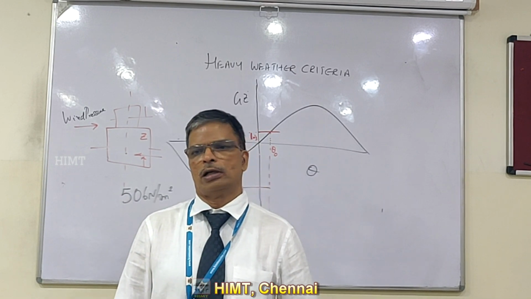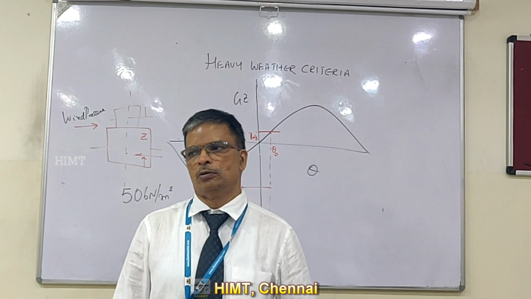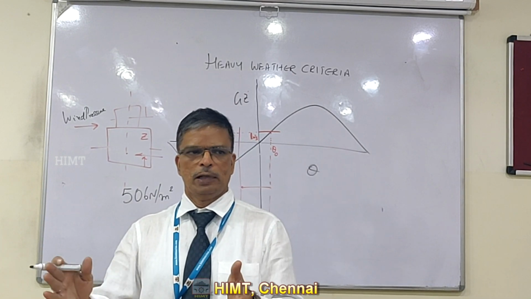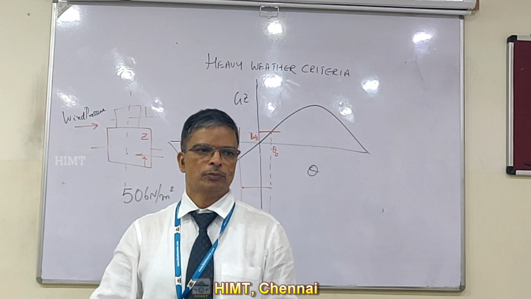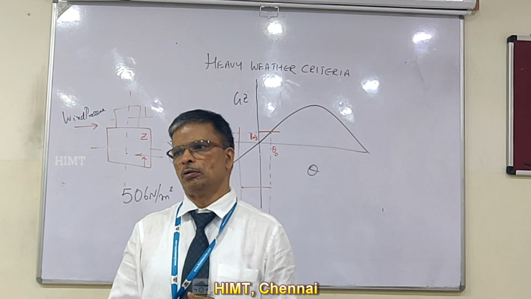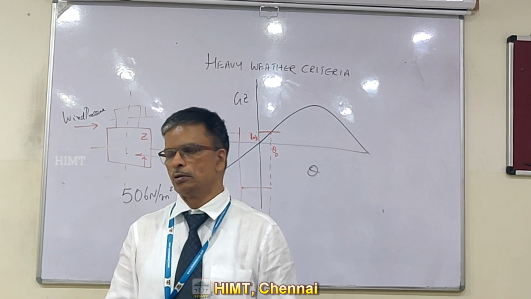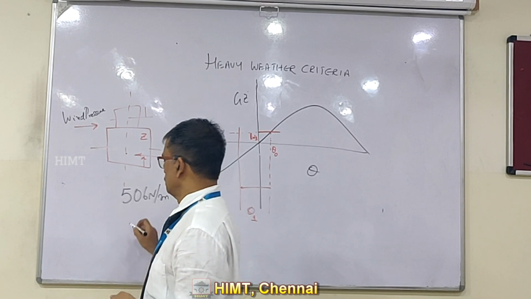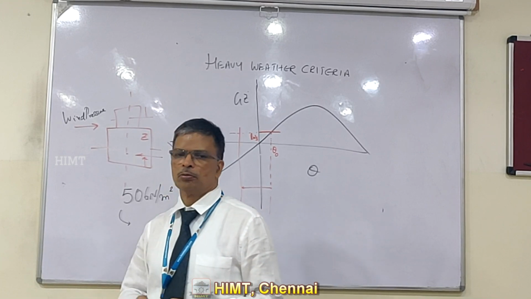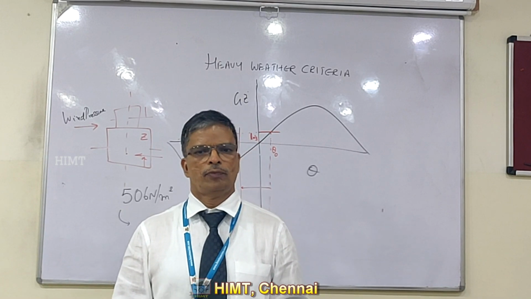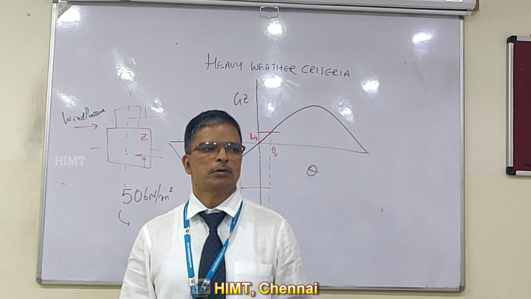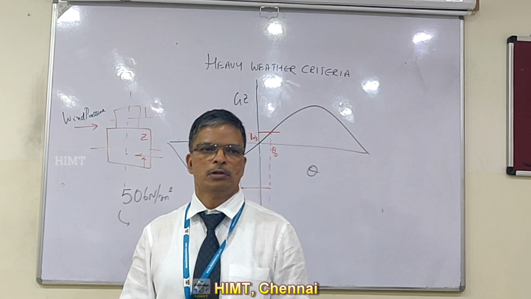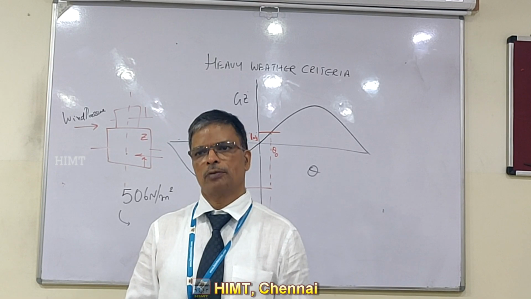And what will be the worst direction for this wind or wave to create the maximum effect? It will be side, that means fully on your beam. So a beam weather of severe condition is looked at, and 506 Newton per meter square is equivalent to Beaufort scale 10. Weather at sea is defined normally in terms of Beaufort scale. So scale 10 is equivalent to this kind of wind pressure.